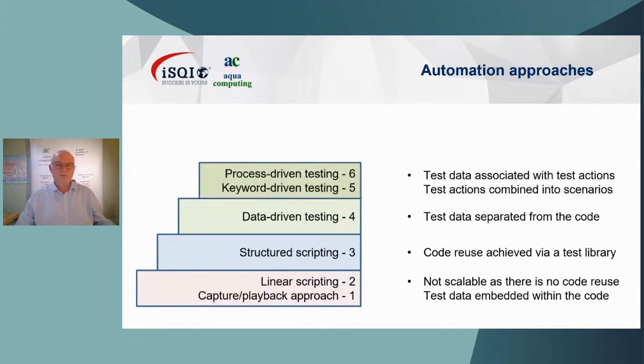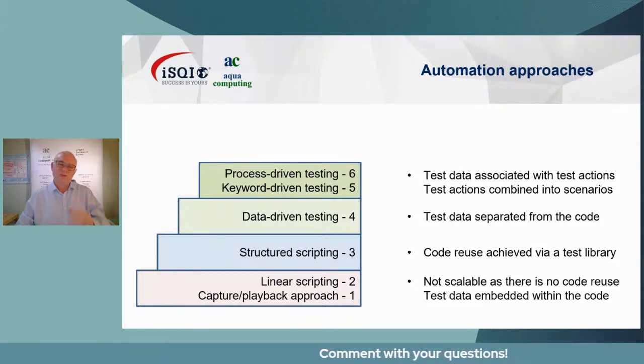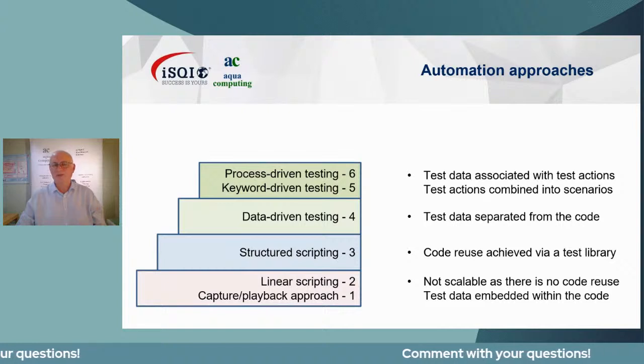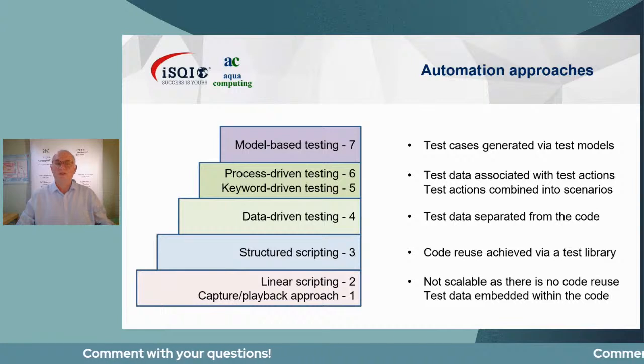Or a variant, we could be keyword-driven, where all the data is in one spreadsheet, and the first row is the action that you're taking, the keyword, for the data associated with it. Process-driven, taking that further, so you use keywords in business scenarios. And finally, you can do model-based testing, where we're actually generating the test inputs and expected results as well.